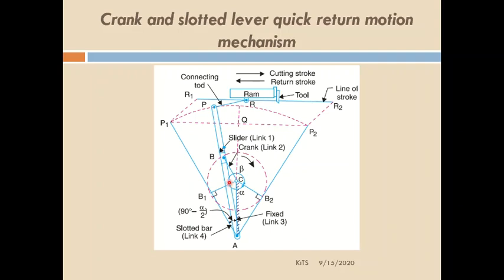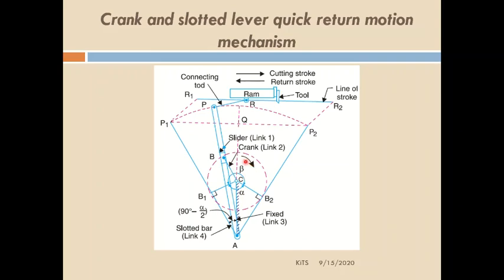When the crank travels from this point to this point, angle beta is greater than alpha. When the crank travels from this place to this place, ram returns to its original position. So during cutting stroke, crank will travel the angle alpha. During return stroke, crank will travel the angle beta.